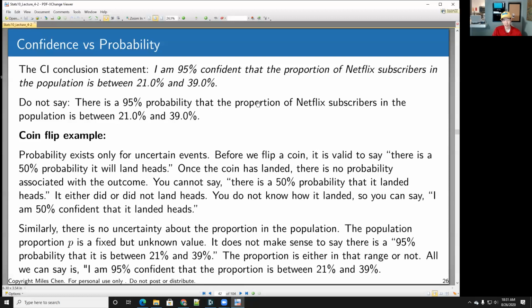Because we don't know what it is, we can say I'm 95% confident, but we can't say there's a 95% probability. I hope that makes sense. That's why I try to instill that we're talking about confidence levels, and we call these things confidence intervals and not probability intervals or things like that.